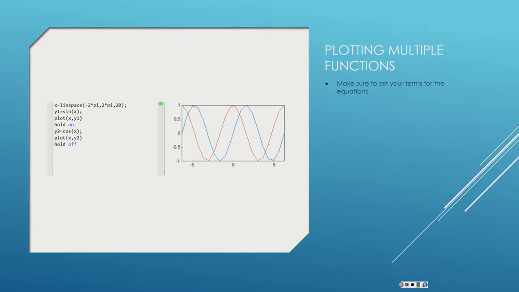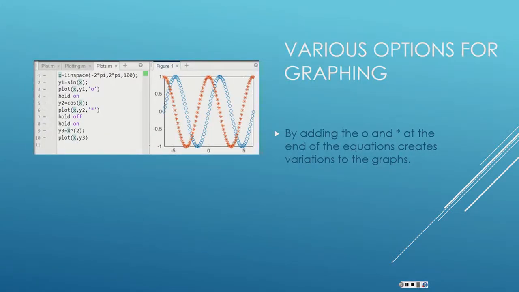Make sure to put your semicolons, because otherwise it won't work correctly. Some other things you can do is change how your functions look. I added the o for my first function, which made a circle for my sine function, and then for my second function I did a star, and that made the other function a star throughout the interval.